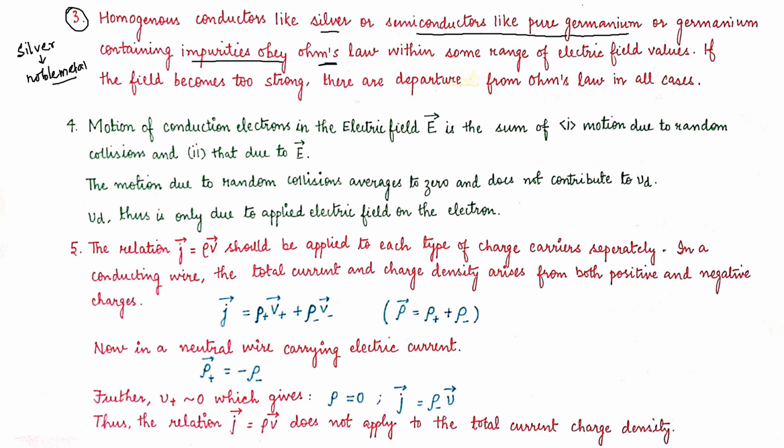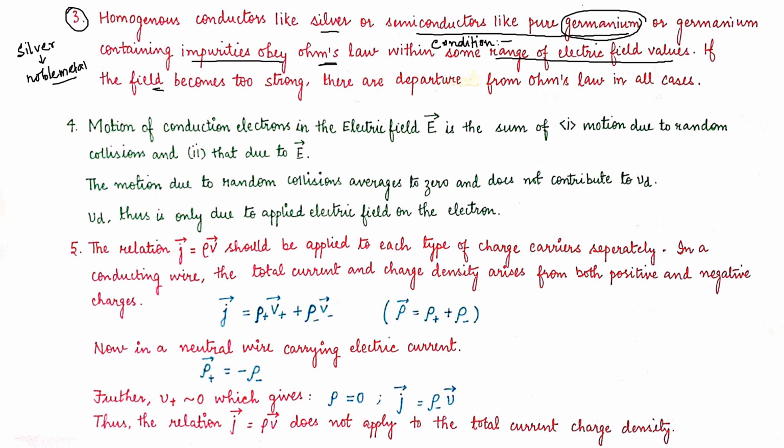Similarly, we have semiconductors like germanium or any other semiconductor containing germanium impurity. These semiconductors and conductors follow Ohm's law, but there is a condition: up to a certain range of electric field values.